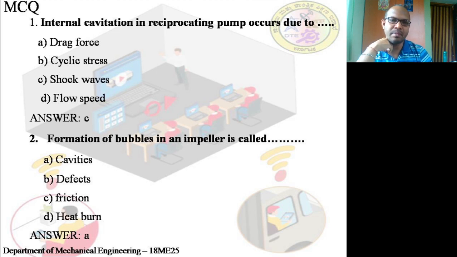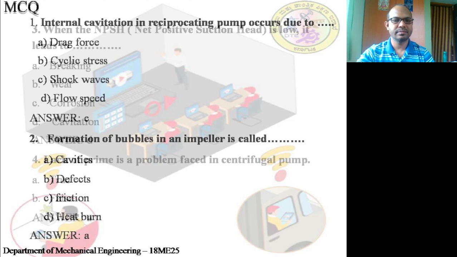Then, the formation of bubbles in an impeller is called cavities or cavitation. It is not called a defect, friction or a heat burn; they don't come into the picture. It is nothing but the cavity.